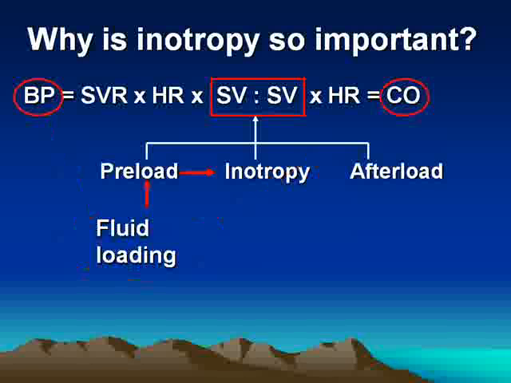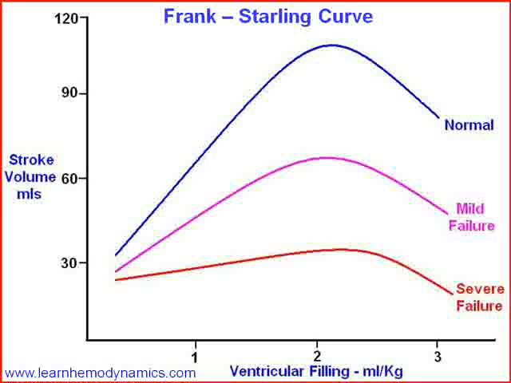That then feeds into inotropy, and inotropy has to respond to that preload so that we can effect an increase in stroke volume. So fluid loading has to go through grand central here, which is inotropy. If we have insufficient inotropy, we cannot control stroke volume. If we can't control stroke volume, then we can't increase it. And then we can't increase cardiac output, and we can't increase blood pressure. So inotropy is central to hemodynamics.